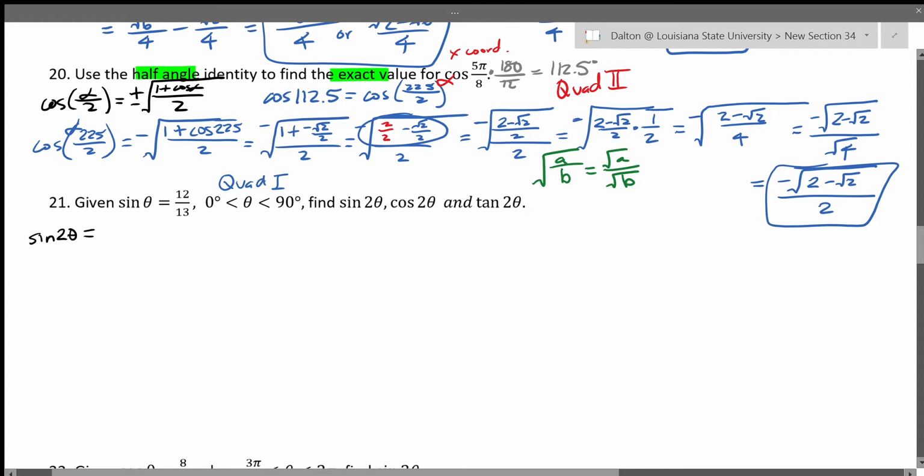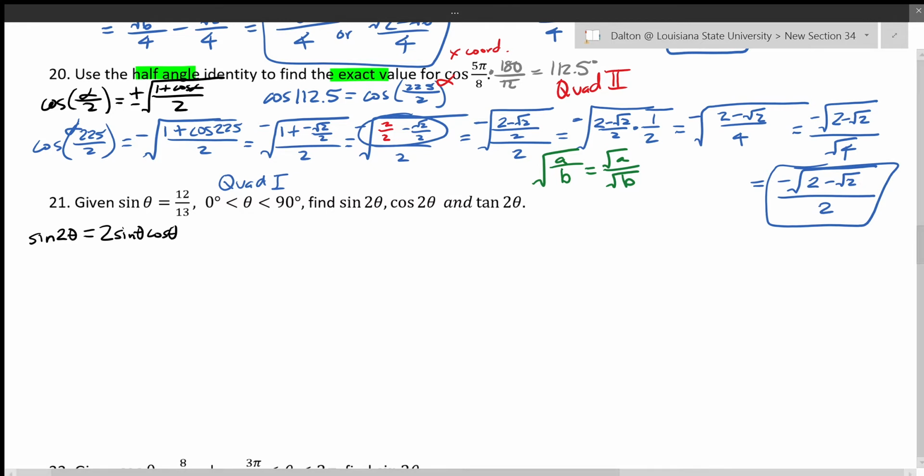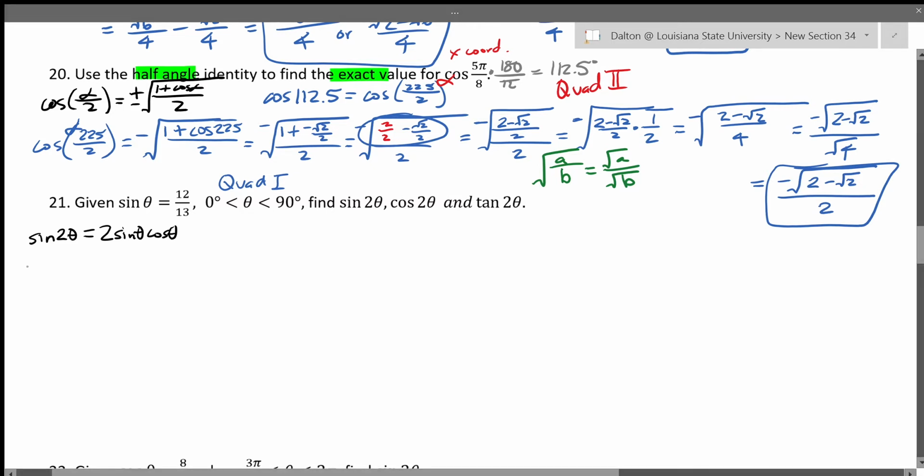So if you look at your reference sheets, recognize the double angle identity is 2 sine theta cosine theta. Well, as I start to plug this in, sine theta is 12 over 13, so all I need is cosine theta. Well, I can use a Pythagorean identity, which says that sine squared theta plus cosine squared theta is equal to 1.